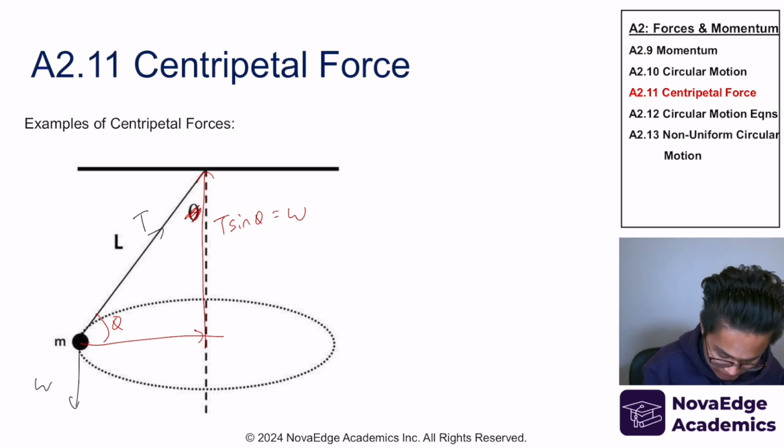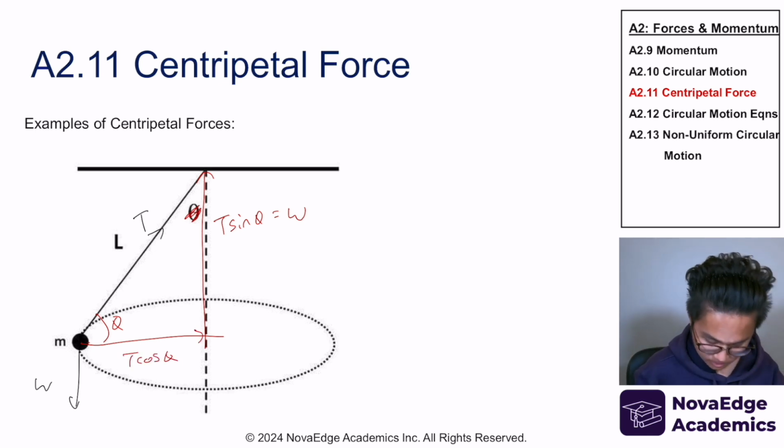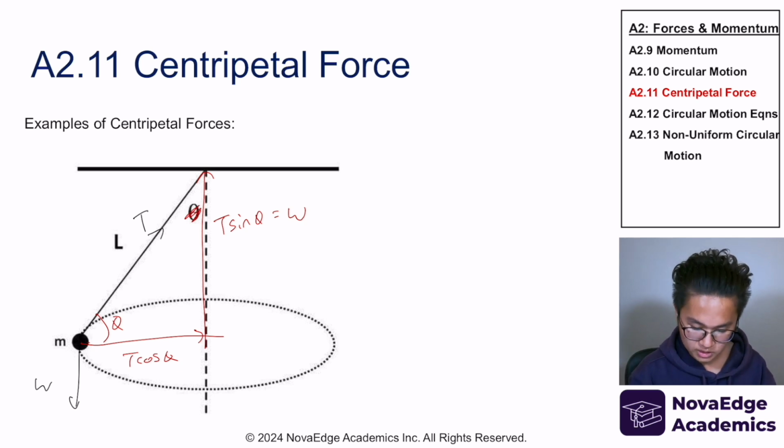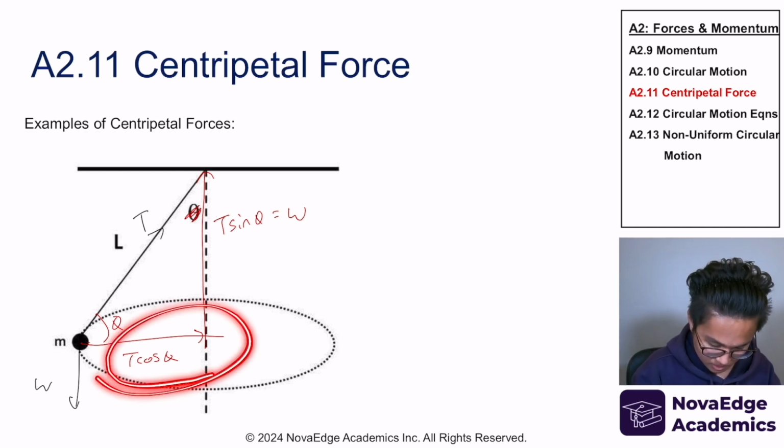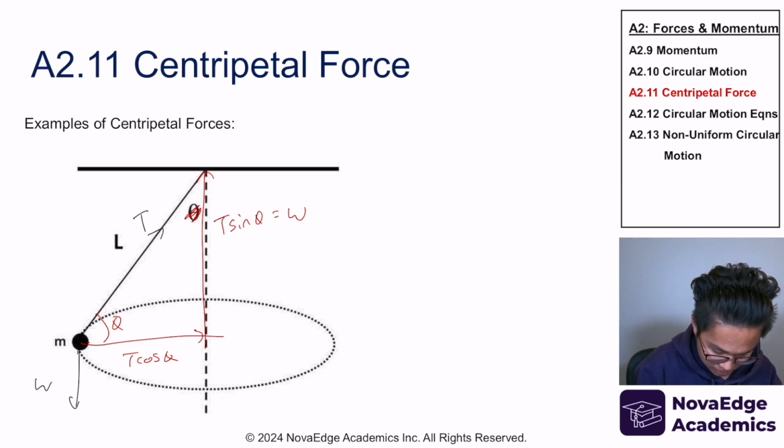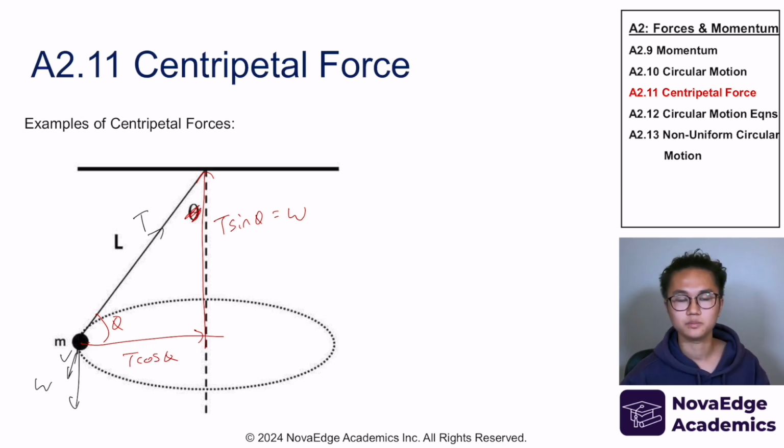What I'm left with is T cos theta, okay? And that's the component that would induce that centripetal force, okay? And so it would go in a circular fashion because this net force is perpendicular to the velocity, okay?